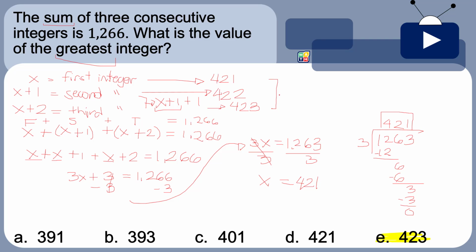And if the result will be that, tama yung sagot natin. 1, 2, 3, that's 6. 2, 2, 2, that's 6. 4, 4, 4, that's 12. So our answer is 1,266, which fits our condition. And then again, our answer of 423 as the greatest of the 3 consecutive integers is correct.